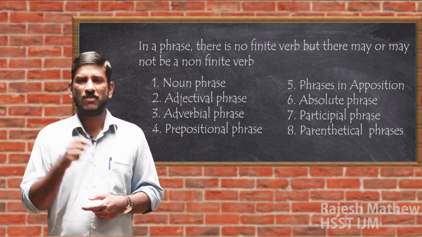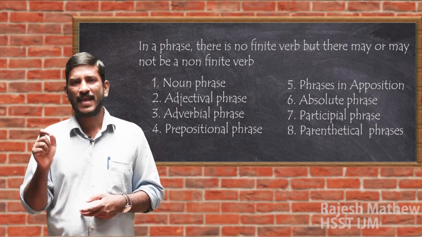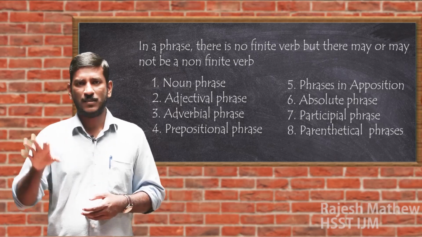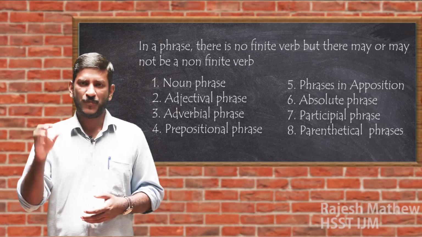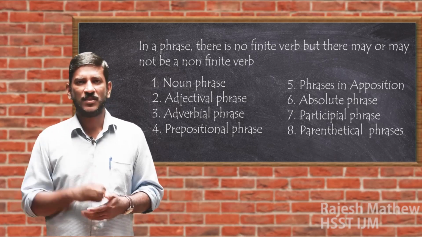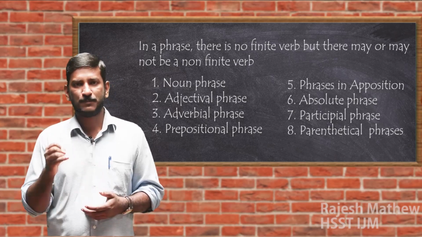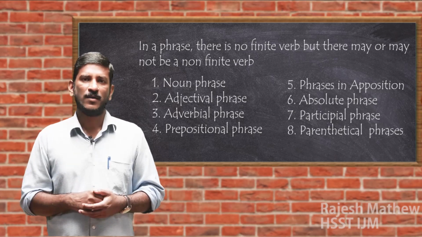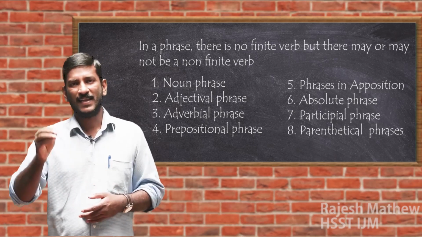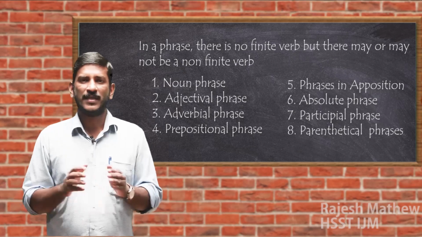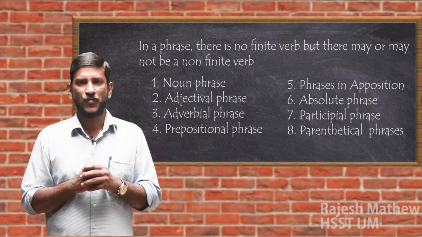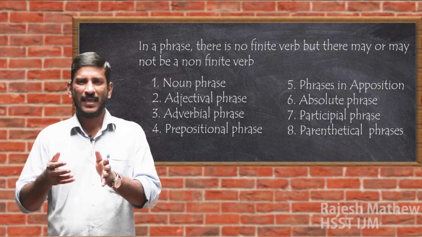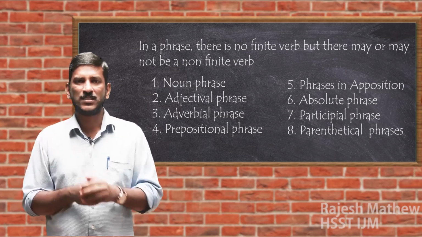Second, adjectival phrase. Third, adverbial phrase. Fourth, prepositional phrase. Fifth, phrases in apposition. Sixth, absolute phrase. Seventh, participle phrase. And the eighth one is parenthetical phrase. So these are the 8 types of phrases.